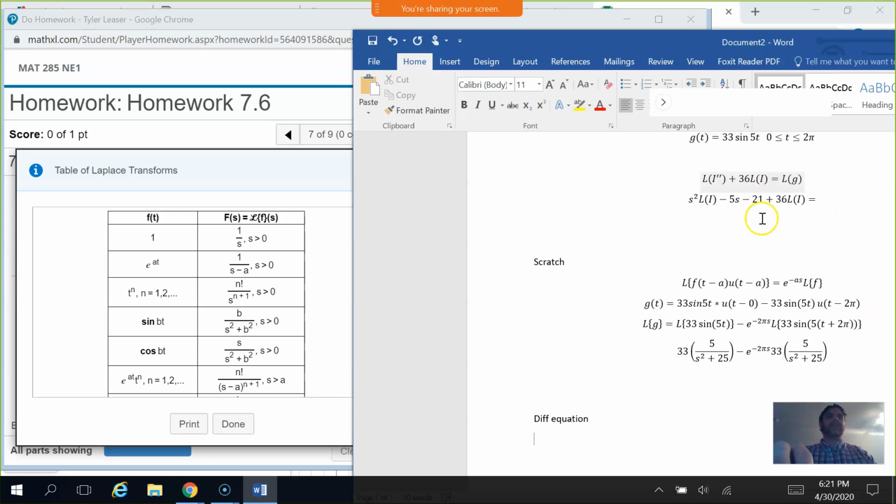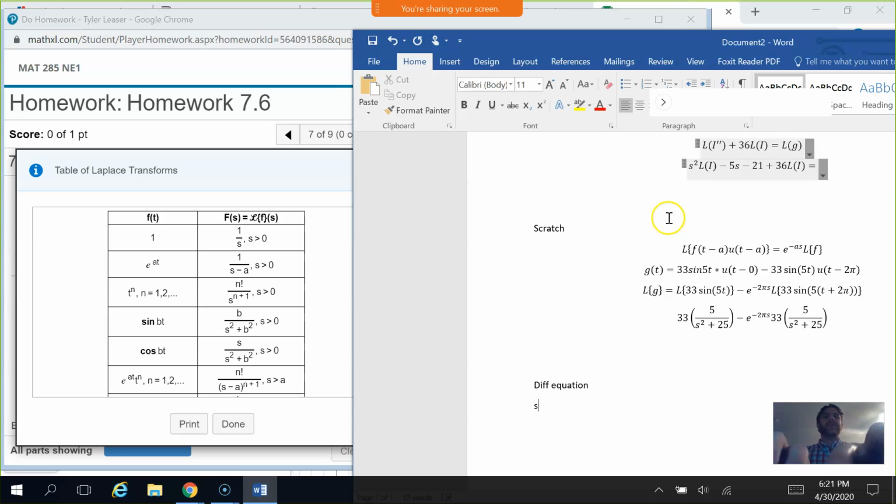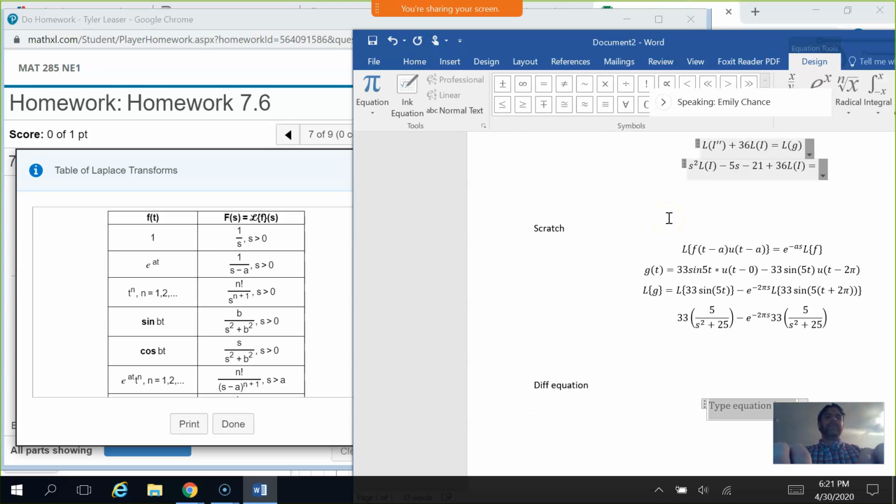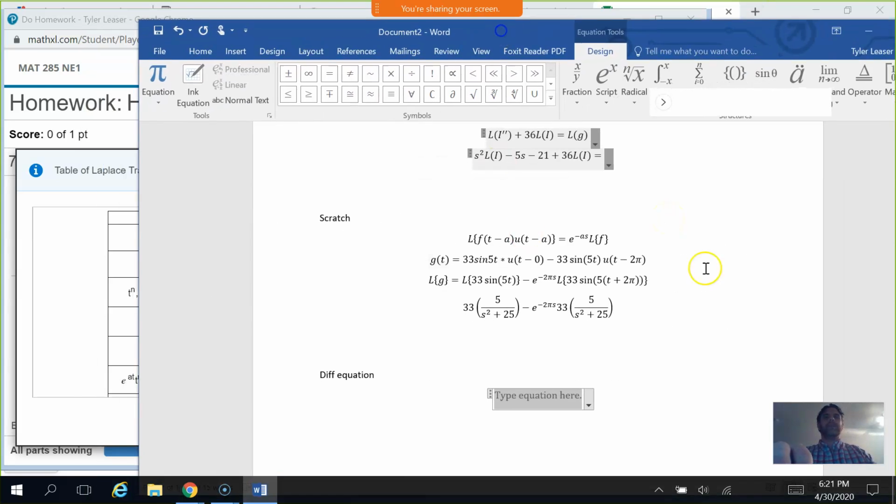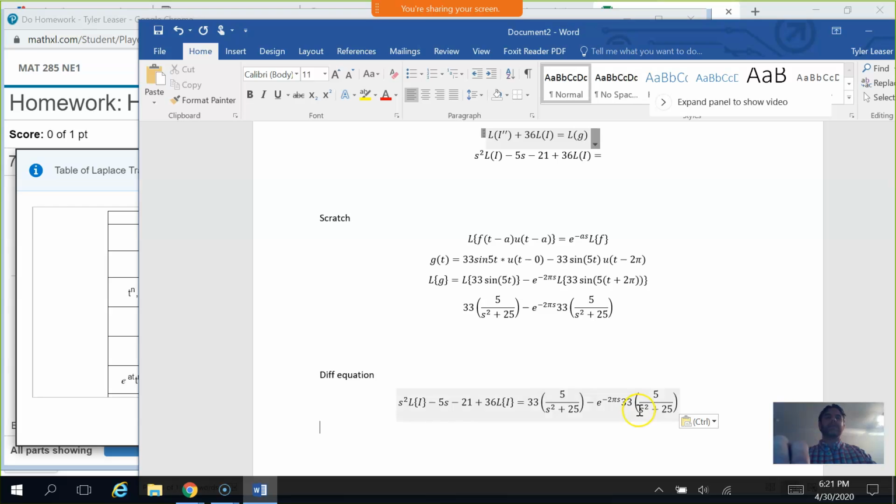So this thing that we're starting with up here, we still have the s squared, the Laplace of I, minus the 5s, minus the 21, plus the 36 Laplace of I. So that's just copying down the left-hand side that we had before, and that's going to be equal to this right-hand side that we just found.